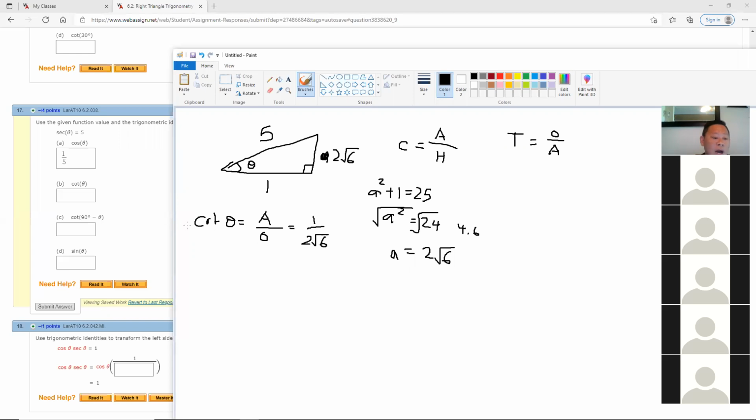And how do we rationalize? Just multiply by √6, just the roots in this case. The √6 is on top because 1 times √6 is √6.